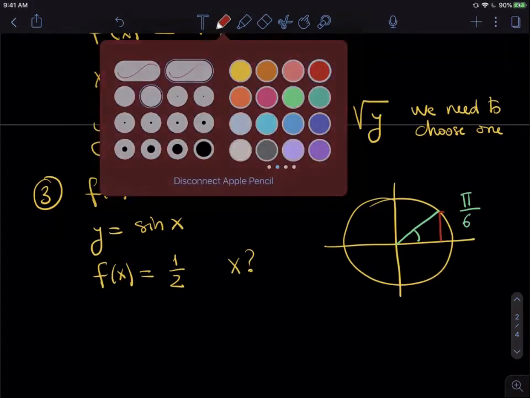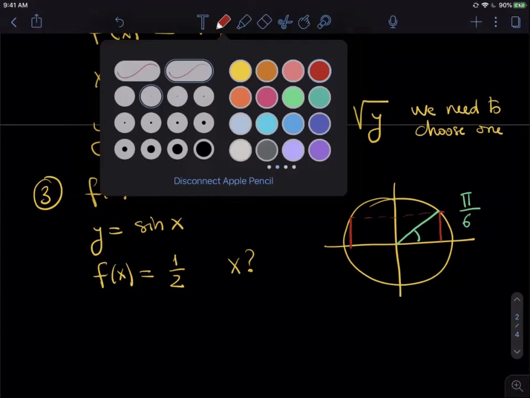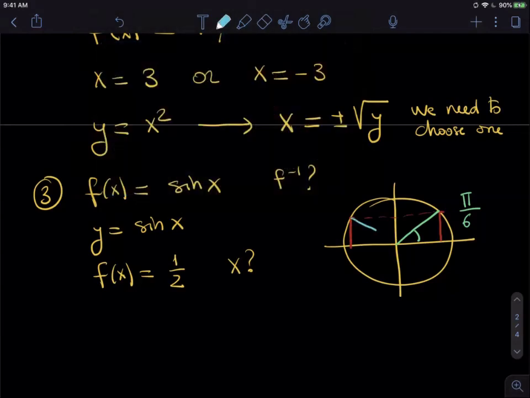But you could argue, if I look at this angle over here, sorry, this distance over here, that's also 1/2, and that corresponds to this angle, right? And what is that angle? That angle is 5 pi over 6.